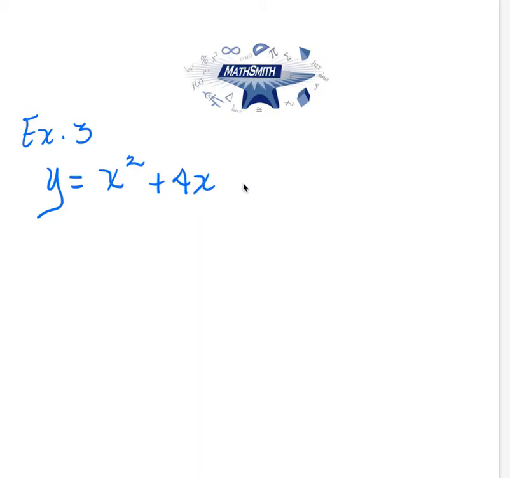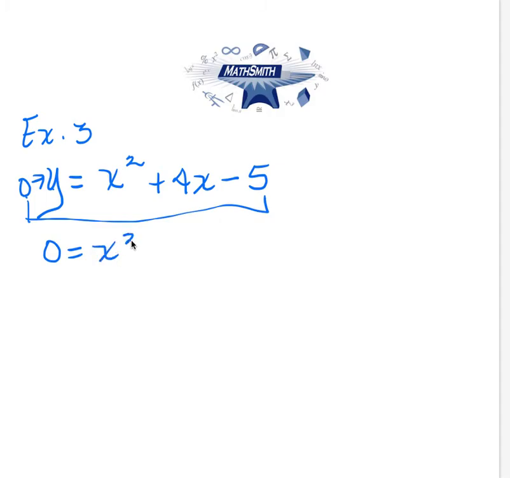So if they said they wanted you to find the x-intercepts of this function, well, that's the same thing as me putting a 0 here for y, and then I could just use the quadratic formula and find that. Those are going to be the same thing. So the x-intercepts of this function are going to be where y equals 0. And so using the quadratic formula would be an appropriate way for me to find the x-intercepts.